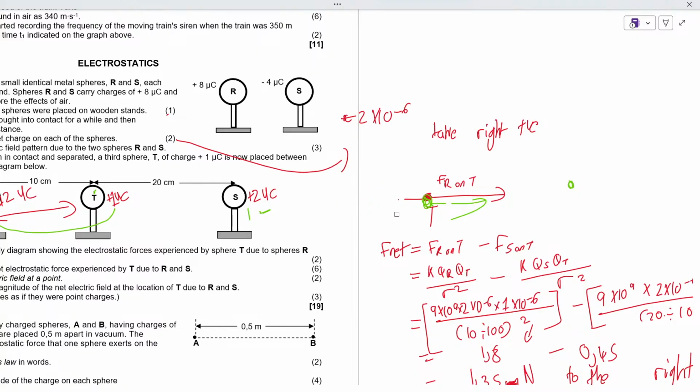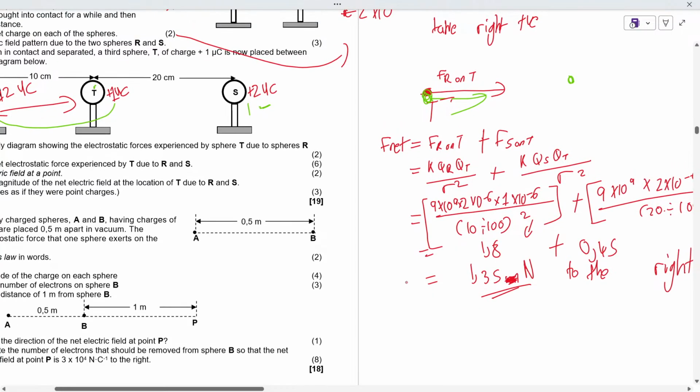Then this one will come this side, F of S on T, and it will be plus. What determines the plus is the direction: this one is pushing that side, this one is also pulling this side, and you work the same way, but the difference is the plus now.